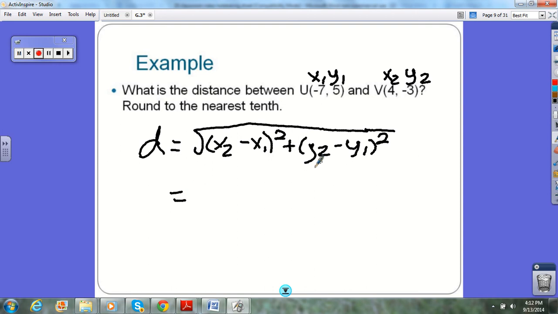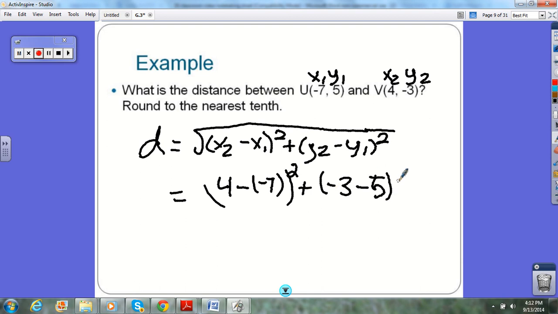So if I substitute those values in, I'm going to get 4 minus negative 7 squared plus negative 3 minus 5 squared, and then take the square root of that.